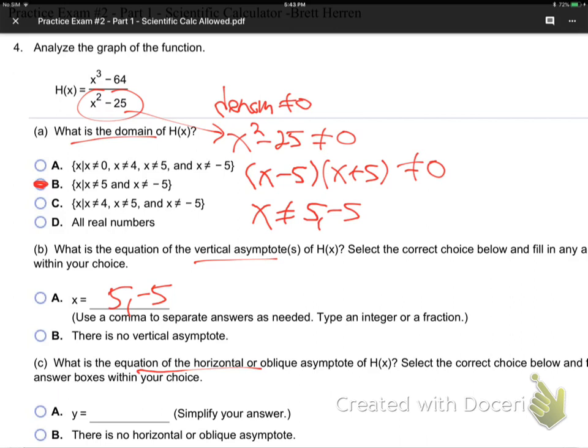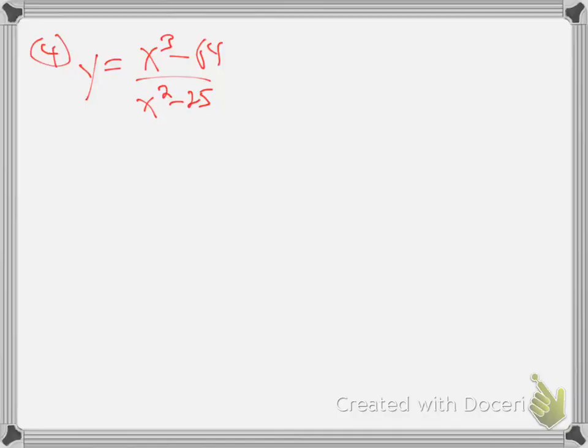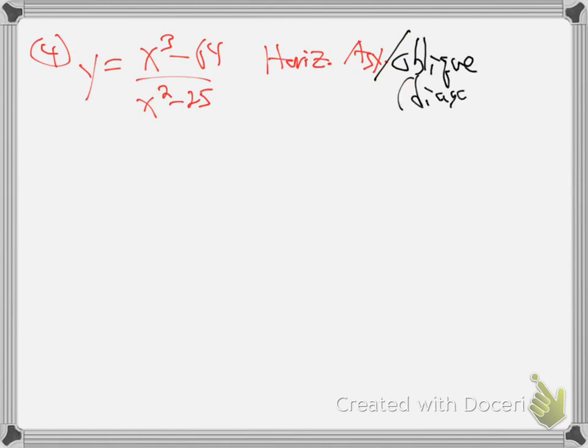Well, let's go to a fresh screen. Okay, we're doing part C, trying to find the horizontal asymptote, or oblique, horizontal or oblique, as the case may be, which means diagonal. So, how do you do it? Highest power on the top, highest power on the bottom: x cubed over x squared.